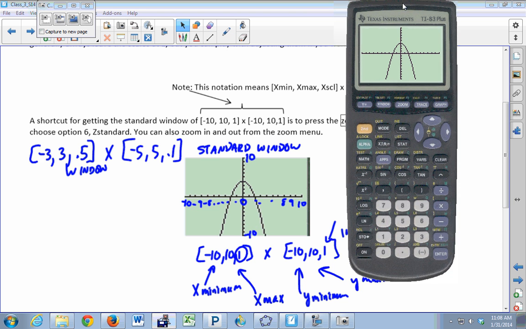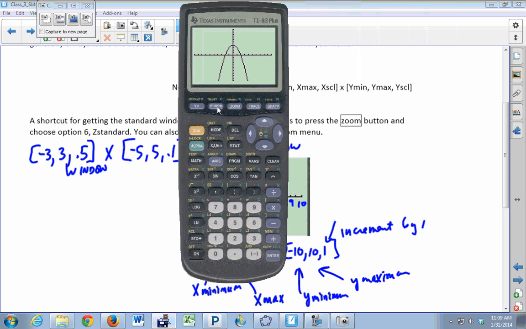So again, we go to our graphing calculator, we hit window, so we want to change what this window looks like. Now my x minimum is -3. My x maximum is +3, and now my scale is going to increment by 0.5. My y minimum is -5.